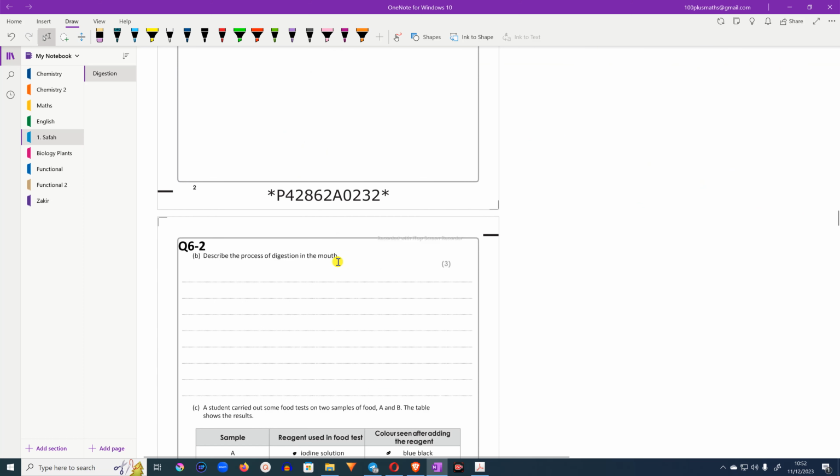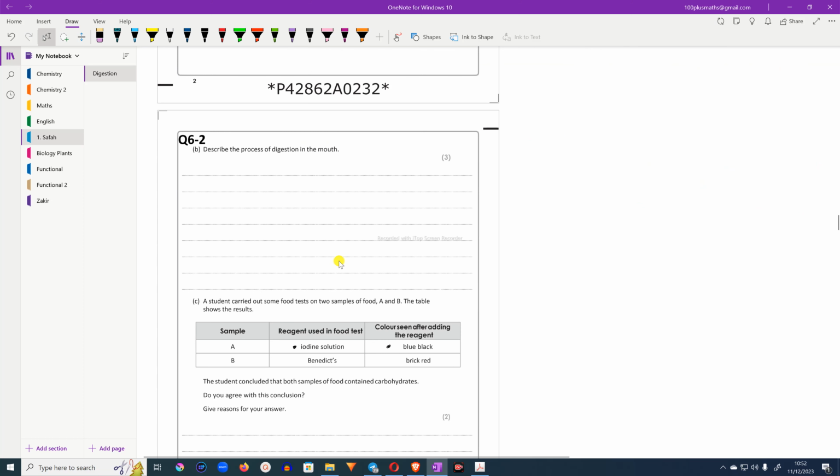Okay, that's part one. Right. Describe the process of digestion in the mouth. Okay, 3 markers. So it's in the mouth. What happens in the mouth? You get mechanical breakdown or digestion.